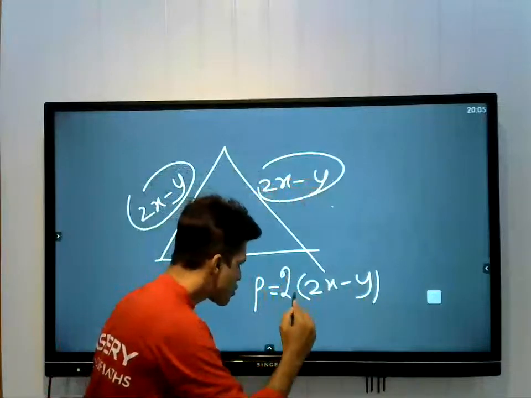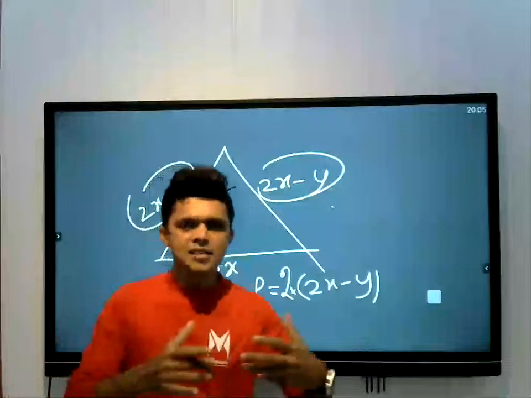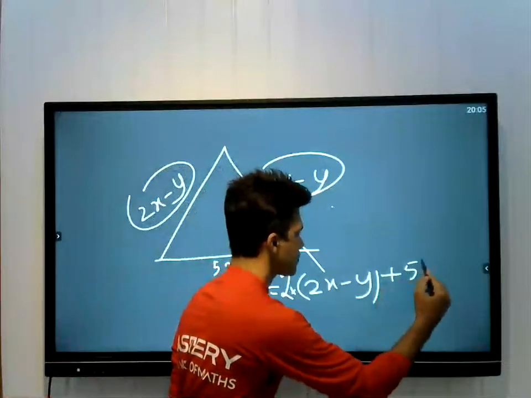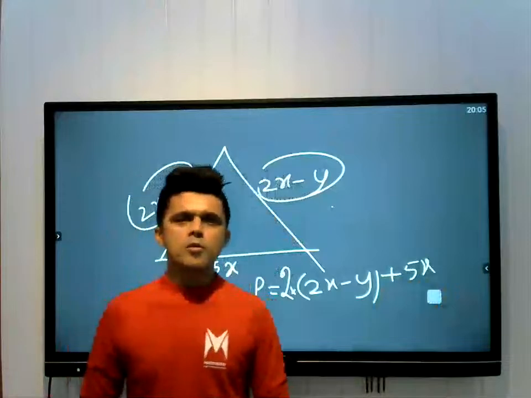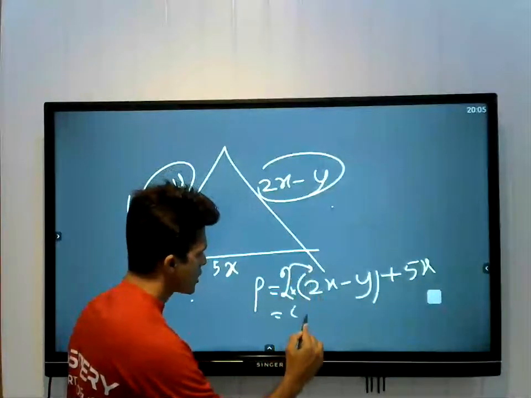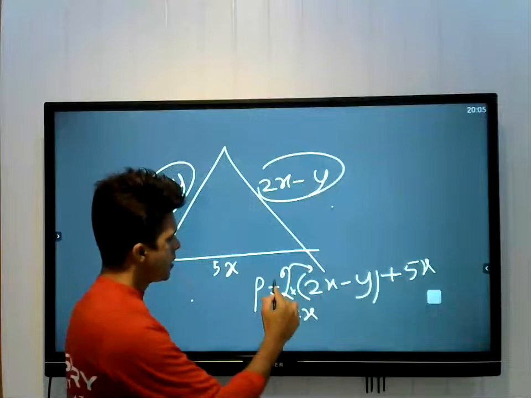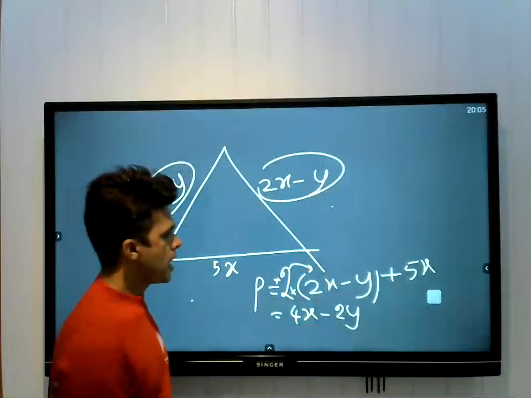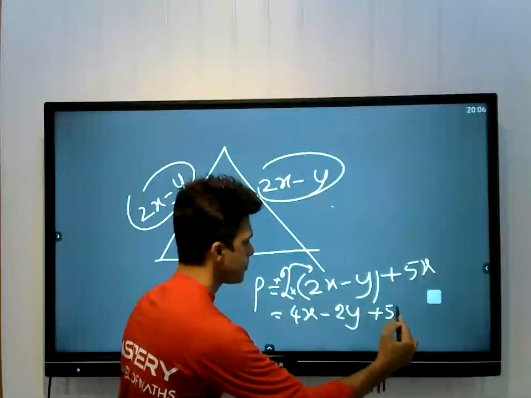Because of that, I get 2 into 2x minus y, plus 5x. Now you can remove the bracket. 2 into 2x is 4x. Then 2 into minus y is minus 2y, plus 5x.